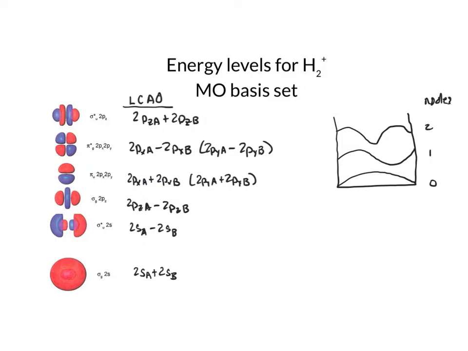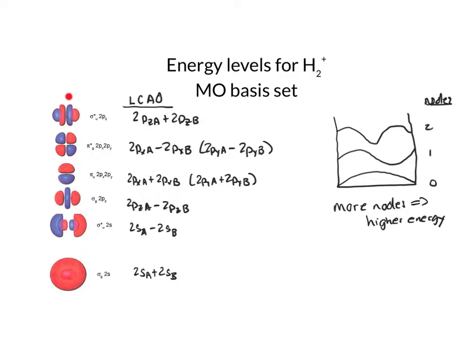And we can see that the more nodes the wave function has, the larger its wavelength, and therefore the lower its kinetic energy. And so in general, the more nodes a wave function has means that it is higher in energy. So using that principle, we can think about our linear combinations of atomic orbitals.